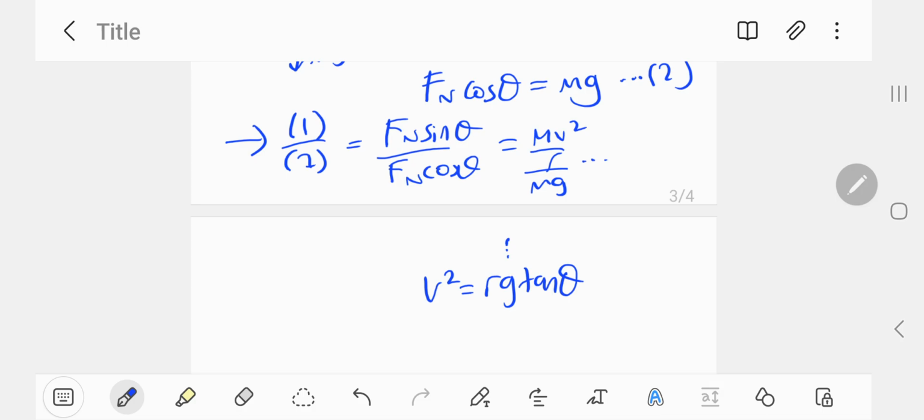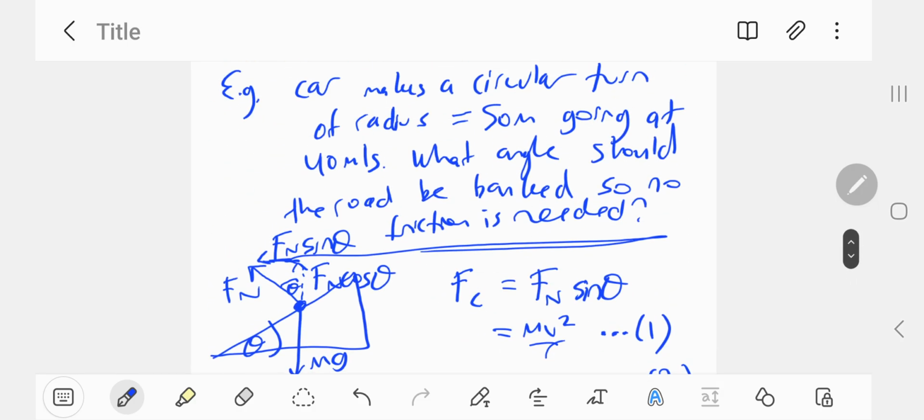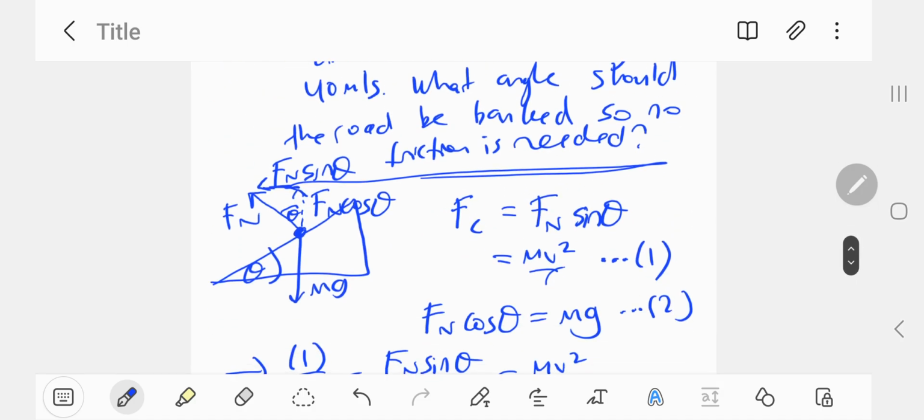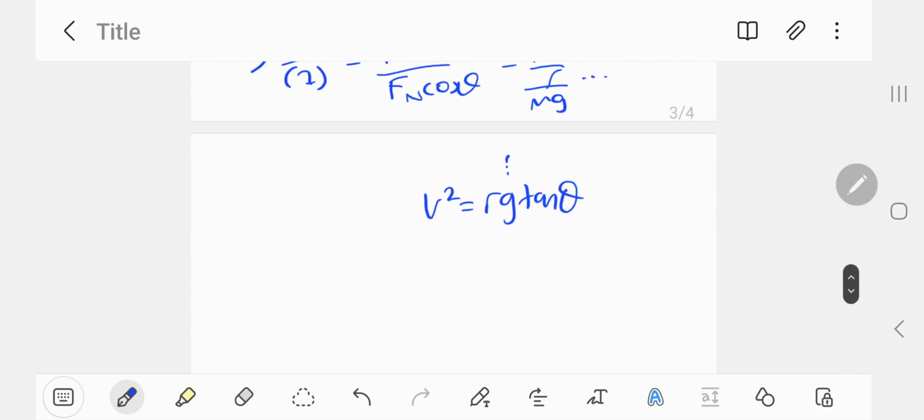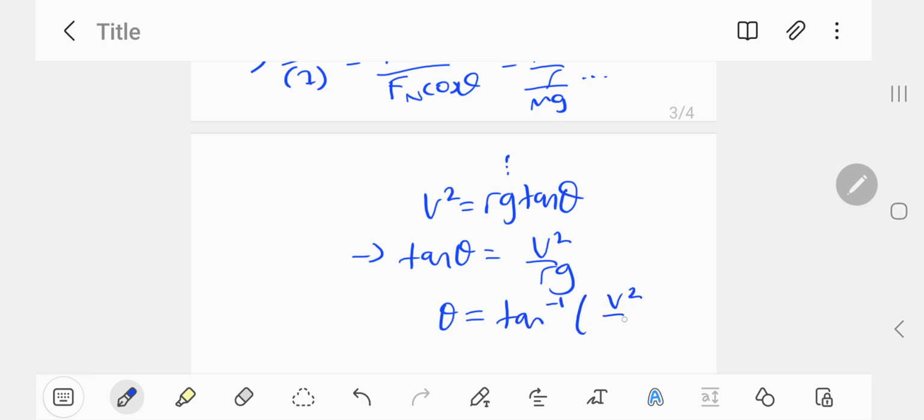Now we want to work out what the angle should be in order for the car to experience no friction. So let's rearrange for theta. So tan theta is just v squared over r g. To get theta by itself, if you recall from maths, if you have tan theta, to get theta, you just take the inverse of tan, v squared over r g.